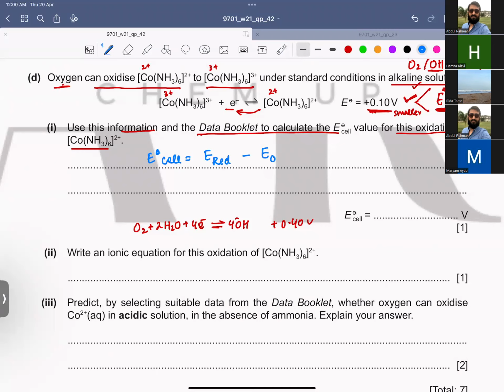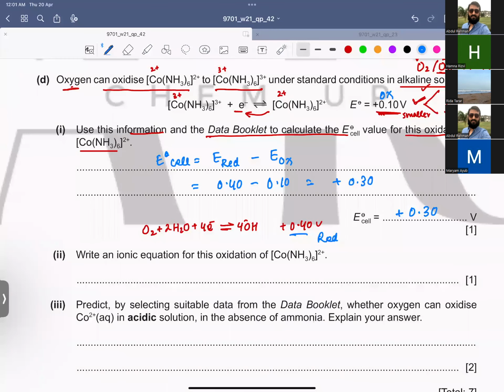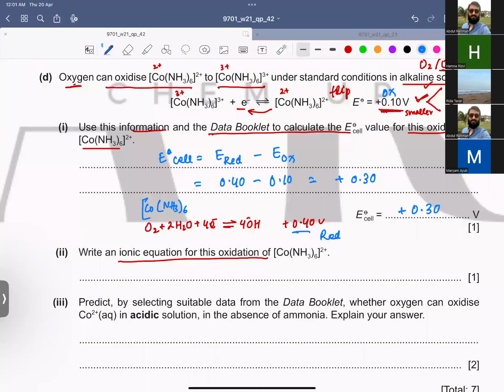Equation for this oxidation of Co(NH3)6 2+. So here as the oxidation is taking place, I will flip this equation. So we flip this equation.